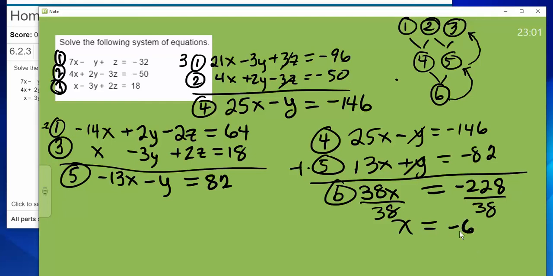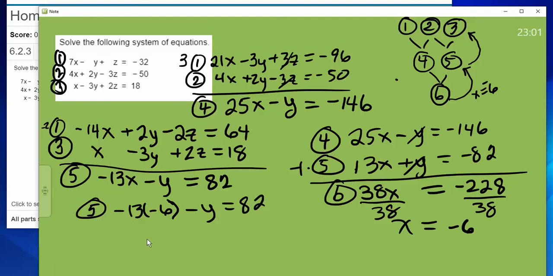So now I'm going to take this answer, x equals negative 6, and plug it into equation 4 or 5. Which one looks easier? They're about the same. Let's put it in 5. So if I put it in 5, I would get negative 13 times negative 6, minus y equals 82.